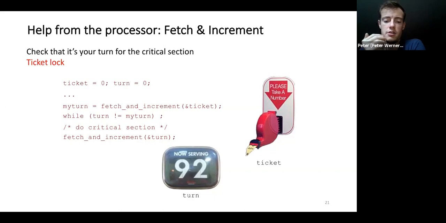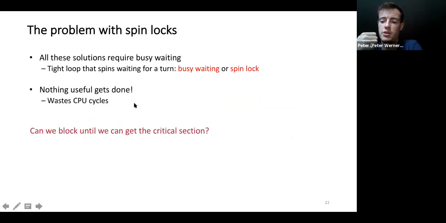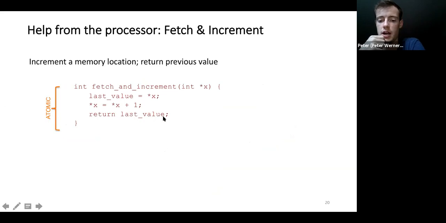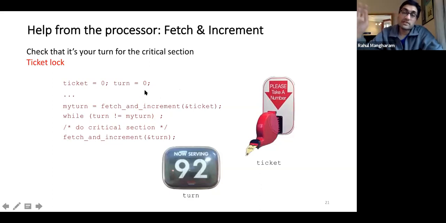The way I understand it here, at the end we're just saying, okay, I'm done with the critical section, so you can increment the turn. So the next person with the next higher ticket can then access the critical section. Is that correct? Yeah. So we are saying that that turn is done, and so now we are globally updating that turn, right? Because we are never actually saying turn equals turn plus 1.